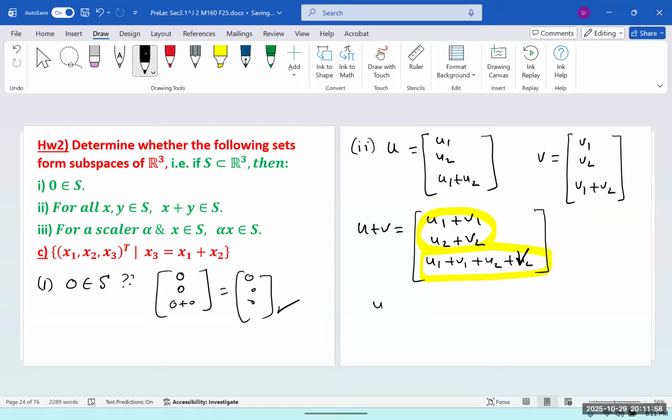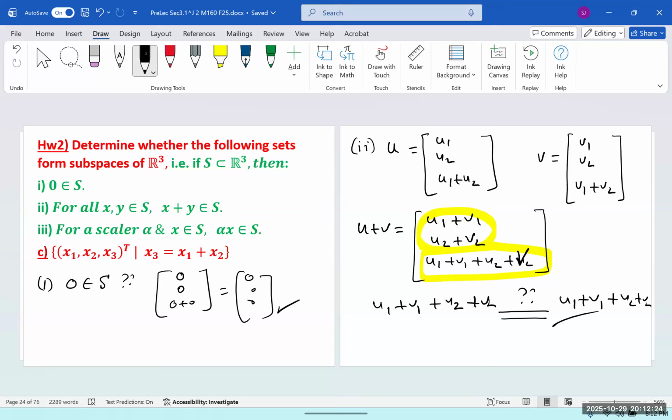So U1 plus V1 plus U2 plus V2, is it the same as U1 plus V1 plus U2 plus V2? It's the same. The second condition is satisfied. It sounds weird, right? But yes, they're the same.